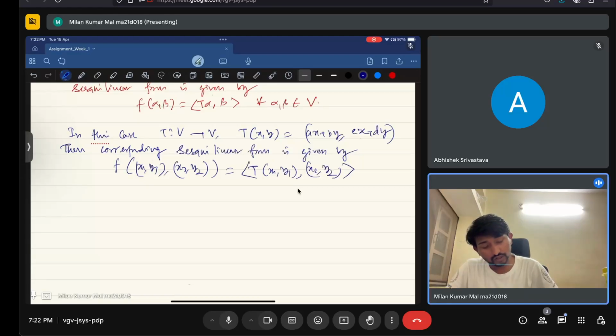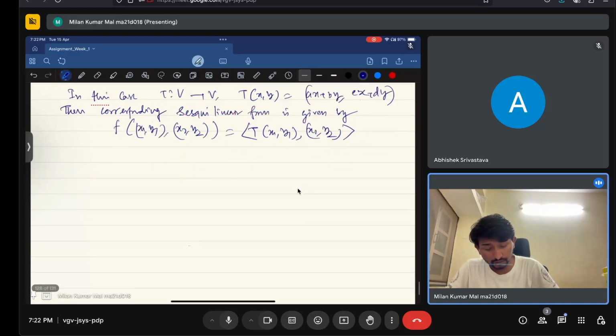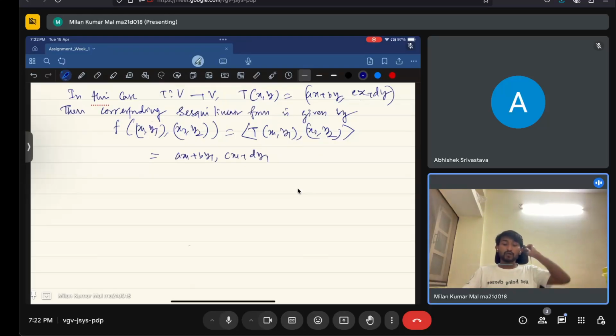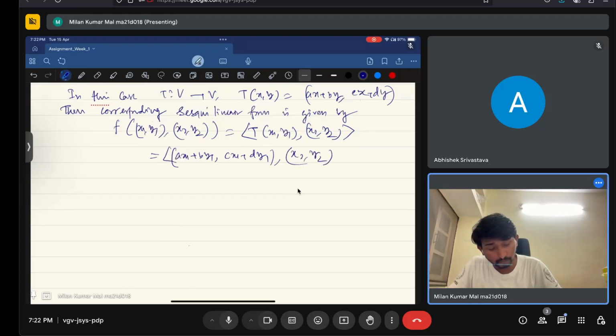Okay, so this is equal to (ax1 plus by1, cx1 plus dy1), this is the element, with inner product (x2, y2). So here it will be (ax1 plus by1) whole into x2 bar plus (cx1 plus dy1) whole into y2 bar.